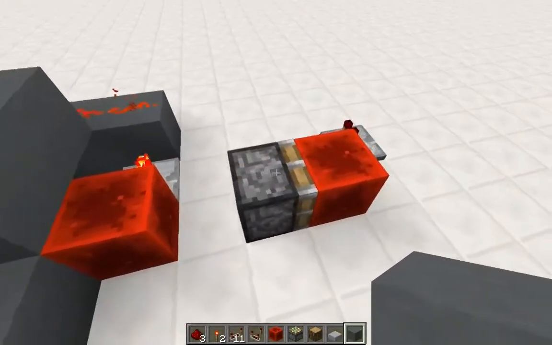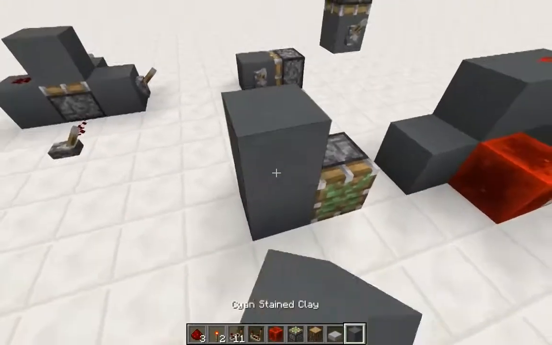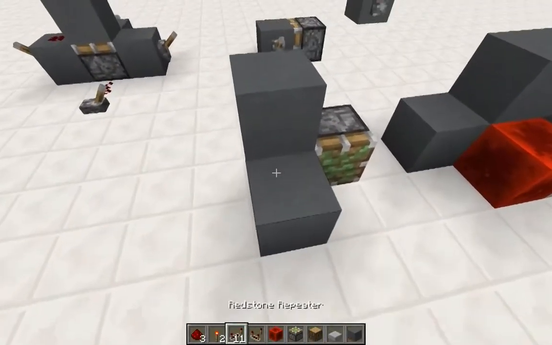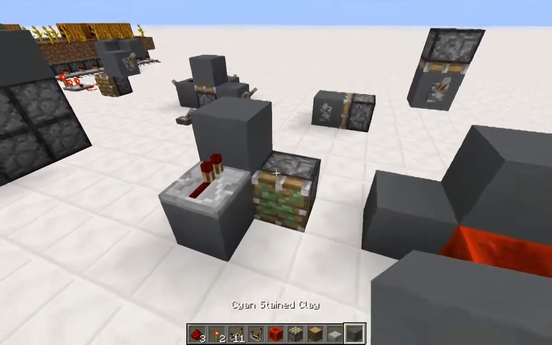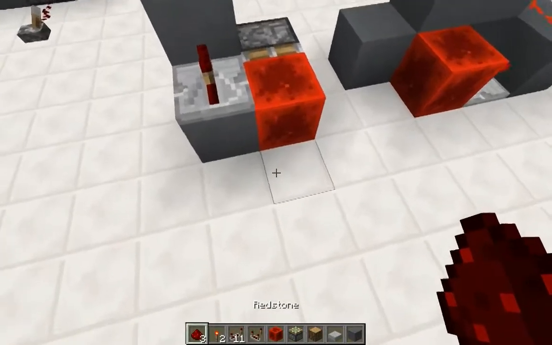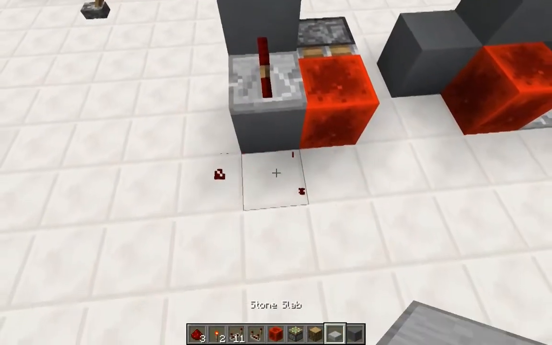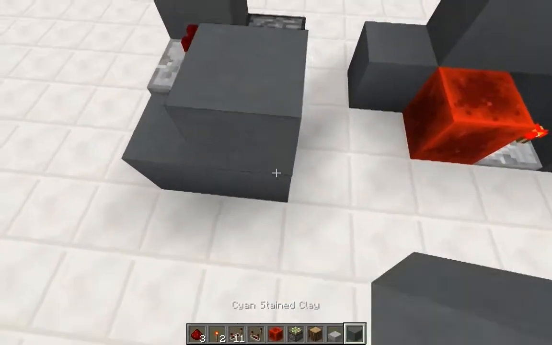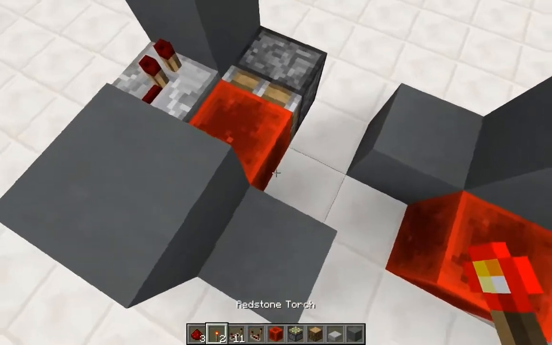Yeah, that's cool. But an interesting thing is if you're actually powering the block diagonal to this with a repeater, it kind of does some weird stuff. Okay. So let me see if I can do something funky to try to power this.